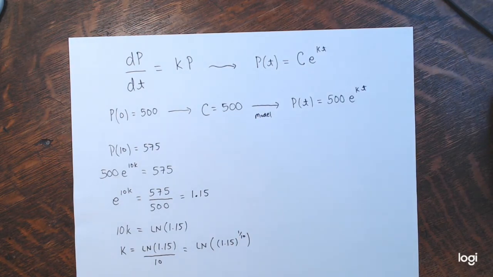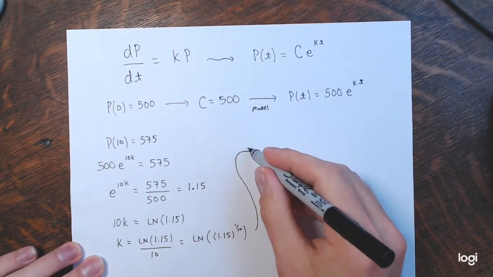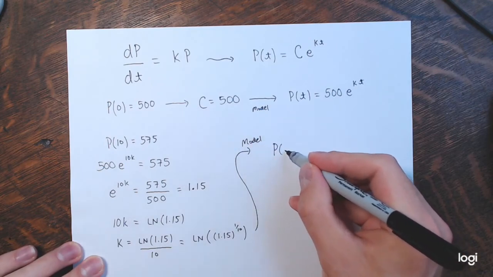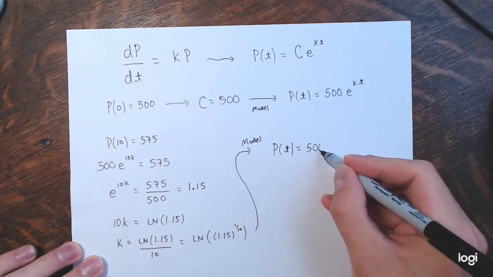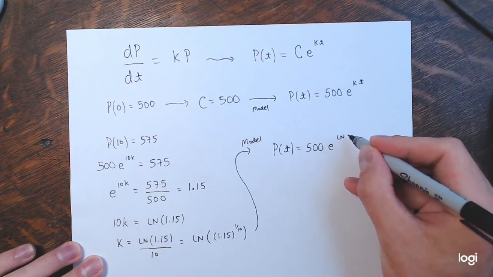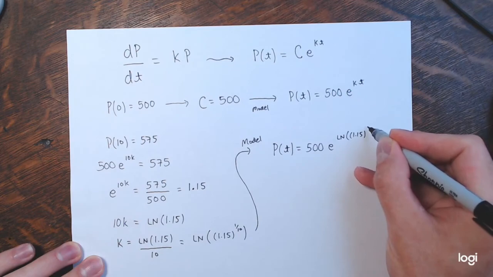Same deal. So now my model looks like this. The population at time t is equal to 500 times e to the natural log of 1.15 to the t over 10.